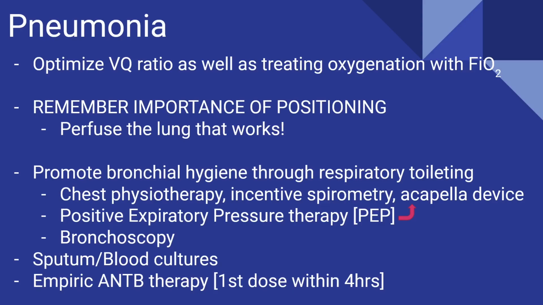So with pneumonia, sometimes they'll have bilateral infections or bilateral lobe pneumonia. Sometimes they'll have just right lower lobe pneumonia. And so what we want to do is focus on putting that good lung down, perfusing the better lung with gravity while we try to treat and correct the other lung that's having trouble.